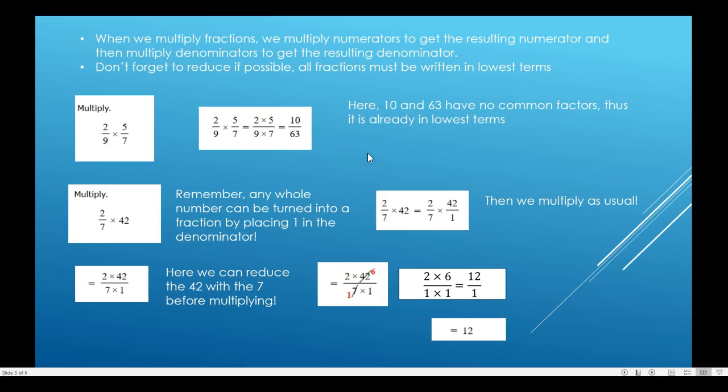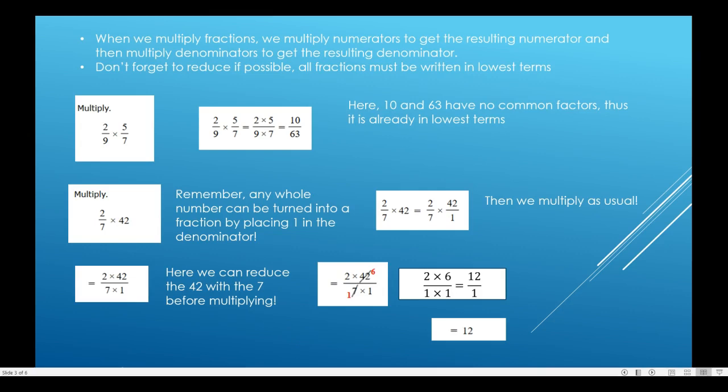Okay, so when we multiply fractions, if they are improper or proper fractions, a proper fraction is when the numerator is smaller than the denominator, all we have to do is multiply our numerators and then multiply our denominators.